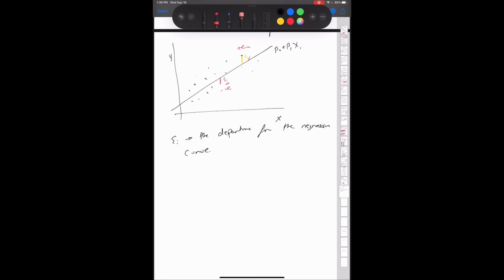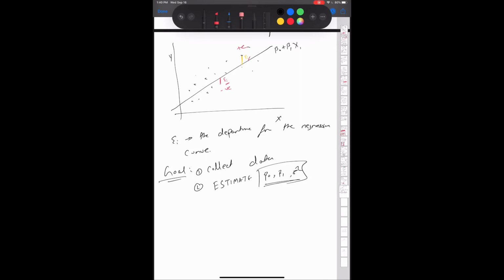So what is the goal of our regression? The ultimate overarching goal in regression is to collect data so that we can estimate beta 0, beta 1 and sigma square.